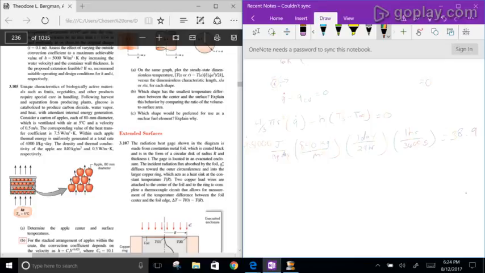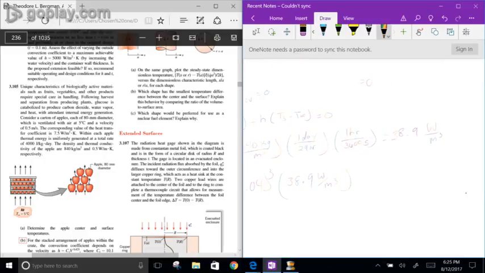So let's do 4/3 pi 0.04 cubed times 38.9 watts per meter cubed. The meters cubed cancel out. Minus 7.5, correct? Watts per meter squared Kelvin.